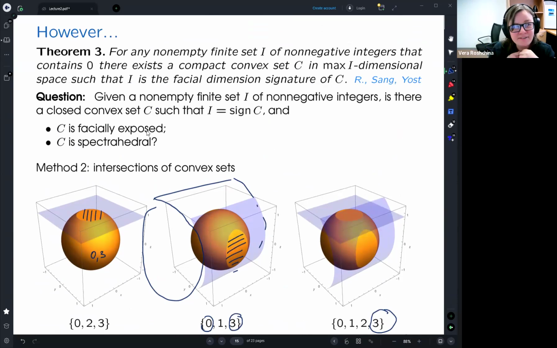But if I have a facial dimension signature, and I say, okay, if I'm representing this facial dimension signature with convex sets from this particular class, then I can't do better than that many inequalities, or I can't do better than a spectrahedron that is defined by matrices of such and such size.